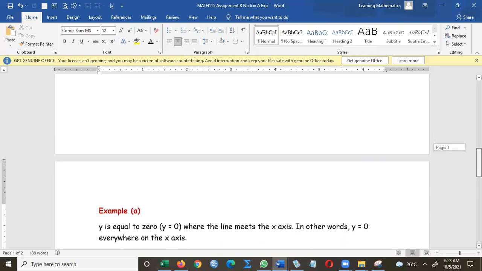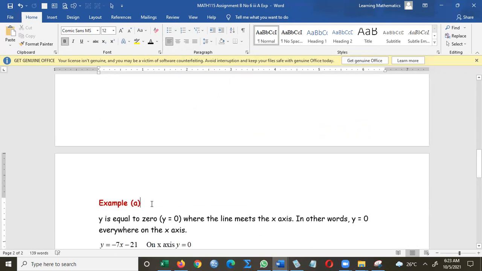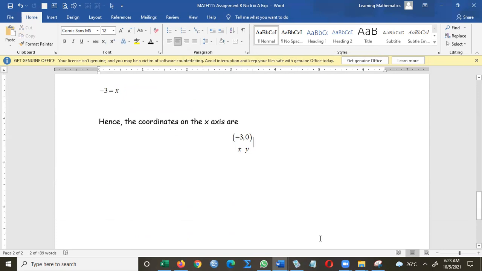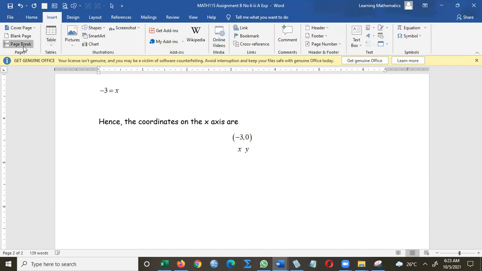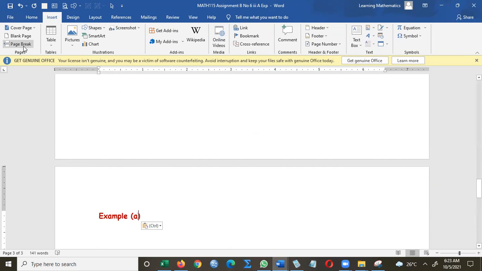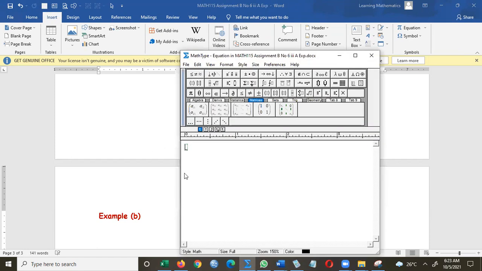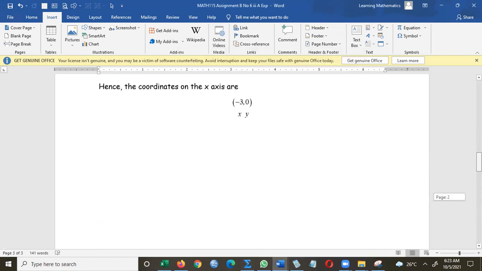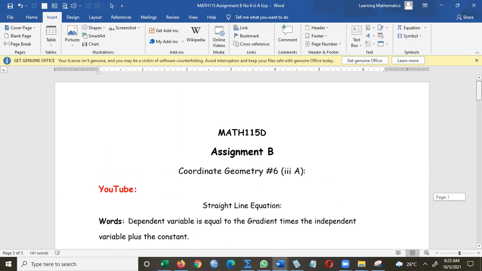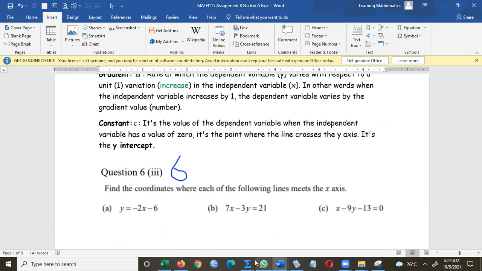Let's call it example B. Let's go and take a look at part B to write an example similar to it.